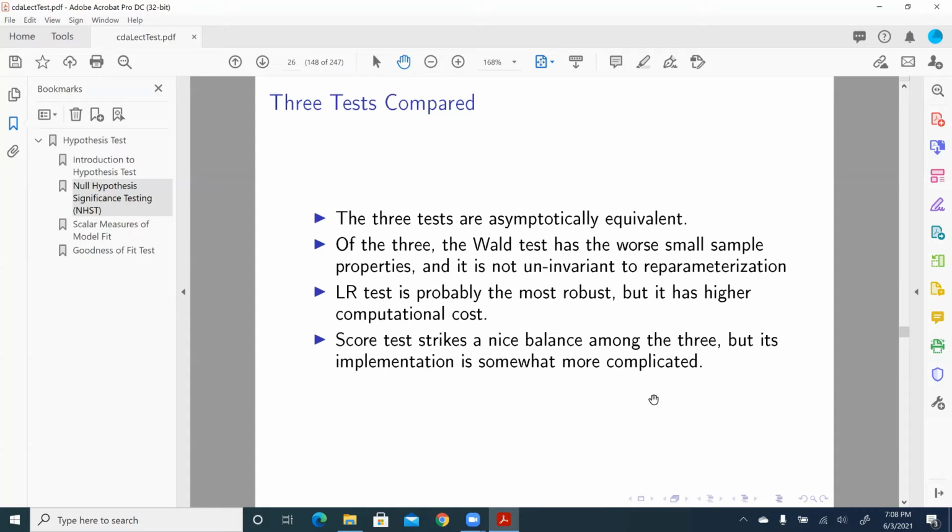And the score test strikes a nice balance among the three, but its implementation is somewhat more complicated. So there's no optimal test here.